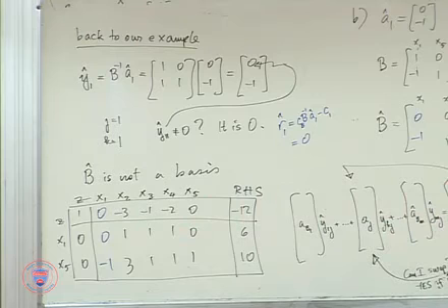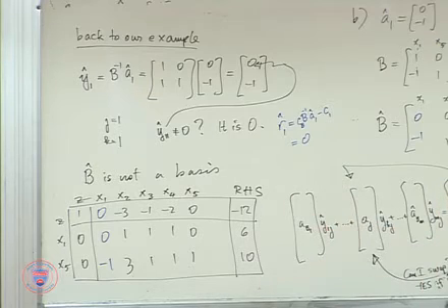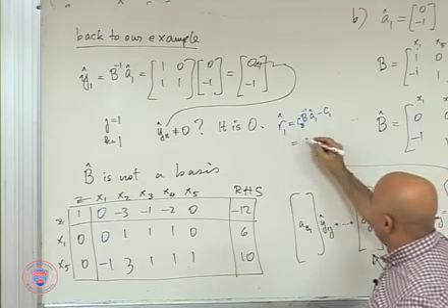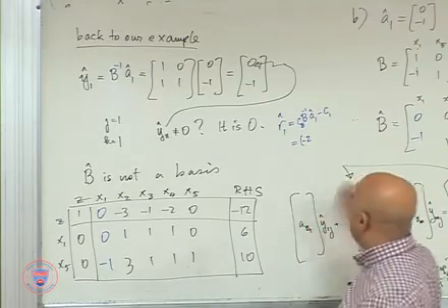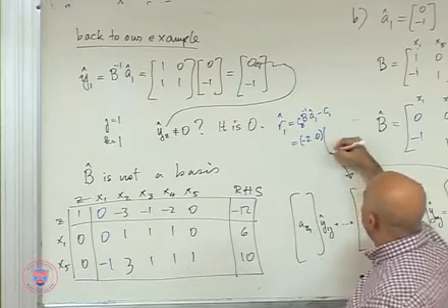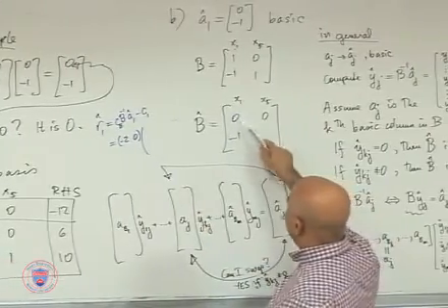All right. Pardon? Is it something else? Is that what you're saying? I don't know. Let's compute. CB is minus 2 and 0. B inverse A1 cap is how much? Where am I? This one.